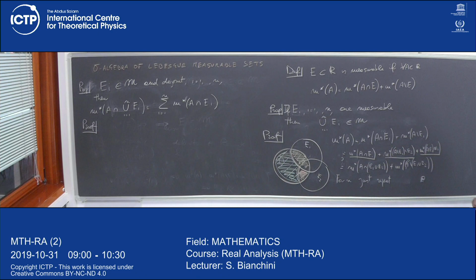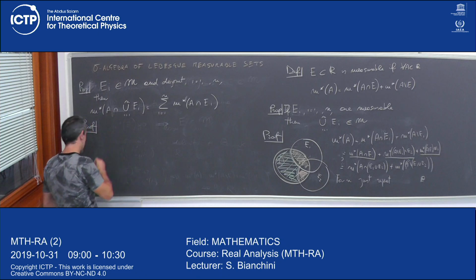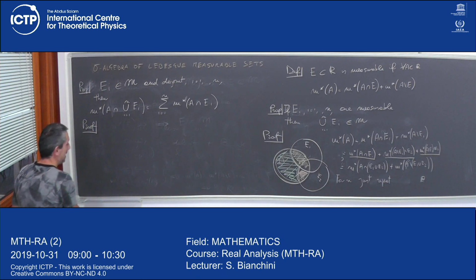What happened is that now I have the measure of A intersection the union is the measure of A intersection E1 plus A minus E1, which is E2. Maybe, but do you want me to do that or not? Depends if you feel it or I can do that. Okay, so I follow you. I just start with the line. The line is exactly the same. I only observe there is one part missing, and so I get the equality.